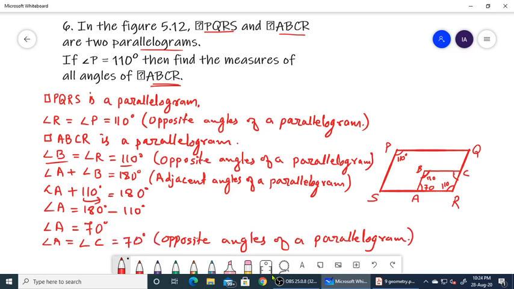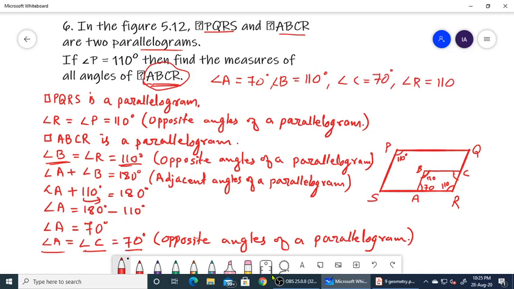Now we have angle A as 70, angle B as 110, angle C as 70, and angle R as 110. The question was to find all four angles of this quadrilateral, and this is our solution. Hope it is clear to everybody.